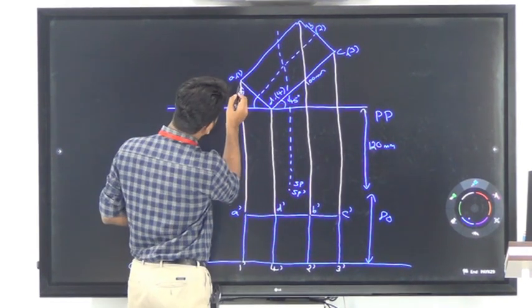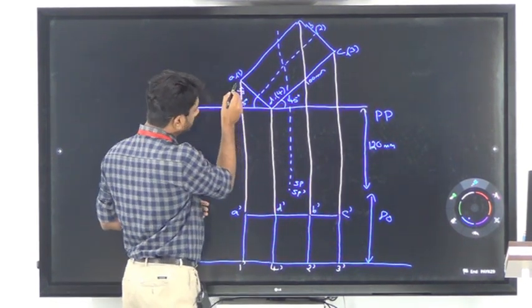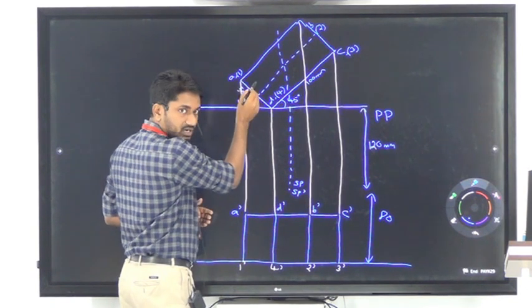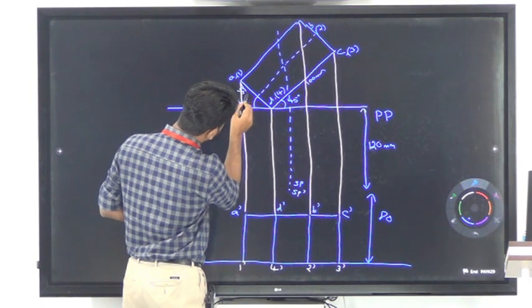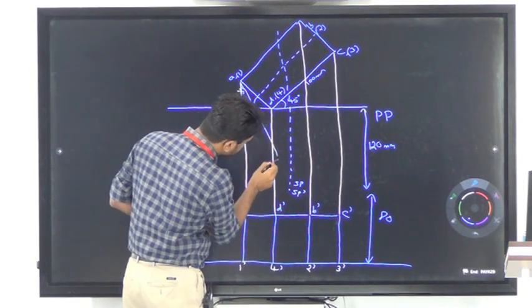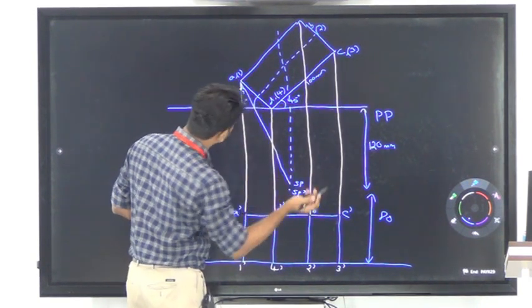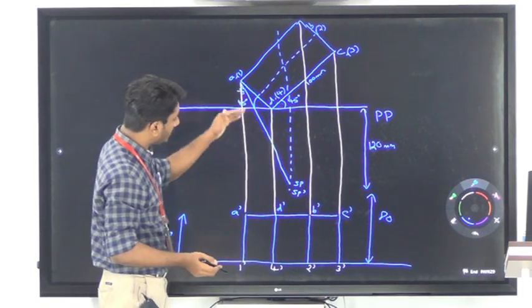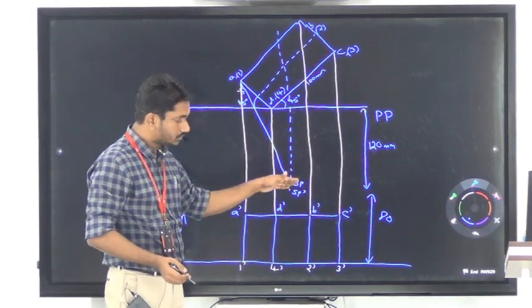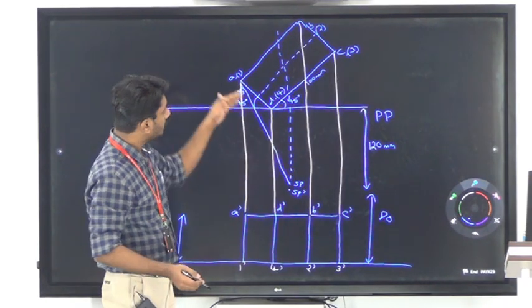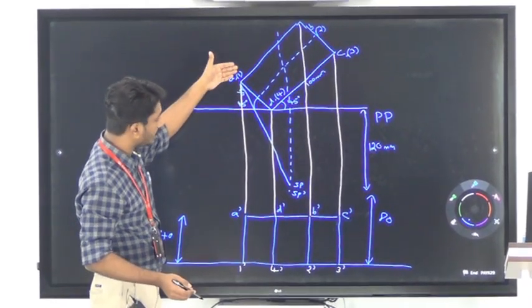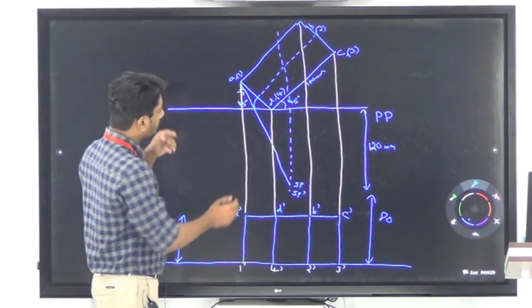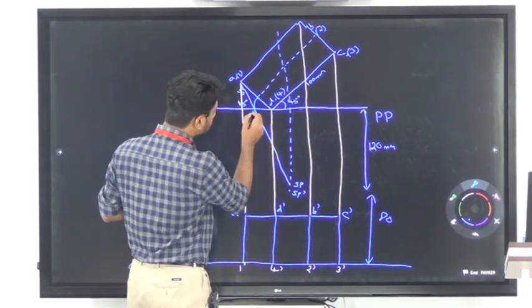Here I am joining the top view of the coordinates A and 1 with the top view of the station point. So we are getting a line like this. Now this line joining the top view of the station point and the top view of the coordinates A and 1 meets the picture plane at this point.